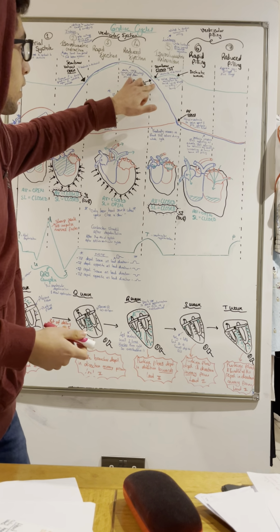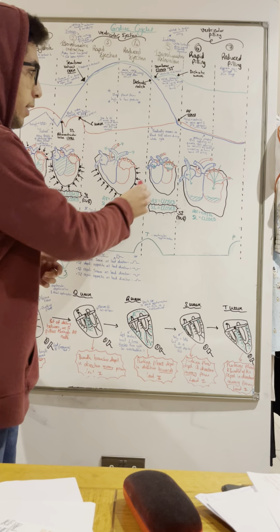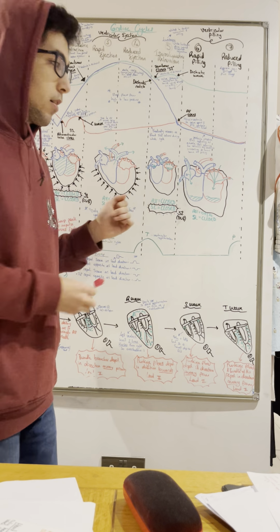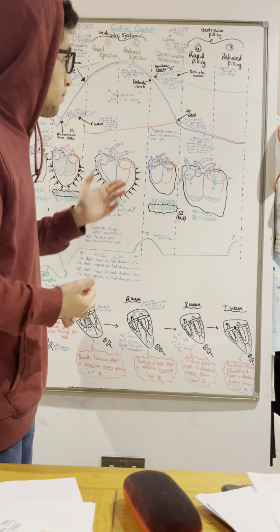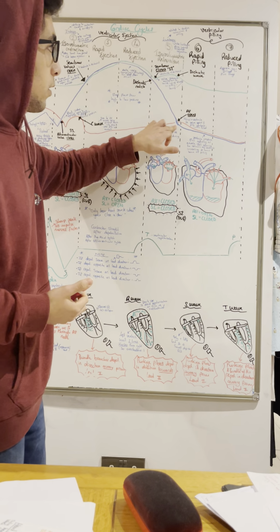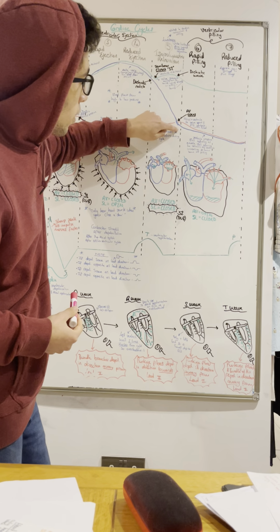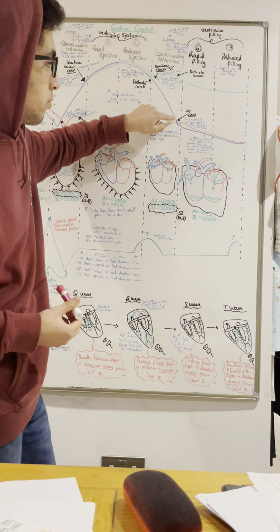In this phase as well, obviously our ventricular pressure is going to plummet because there's no blood left in the ventricles. So ventricles are empty, all their blood's gone, and nothing's filling it back up, until the pressure plummets so much that our ventricle pressure is less than our atrial pressure.